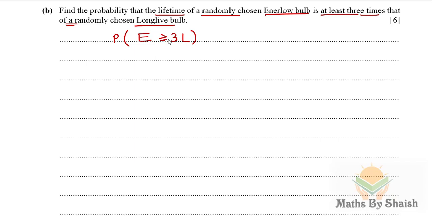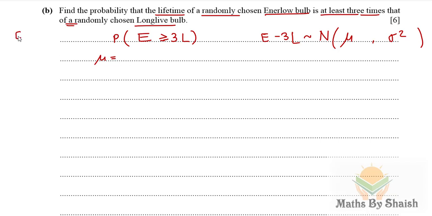So we make a random variable by taking 3L to one side, so it becomes E minus 3L. It is a combination of normal distributions, so it is again normal, with the mean and variance changed.